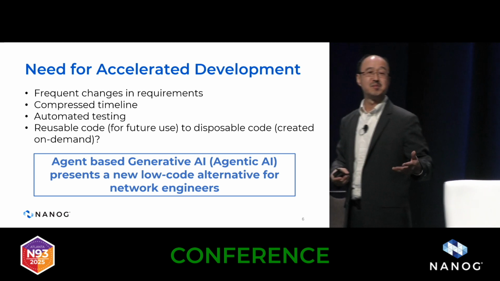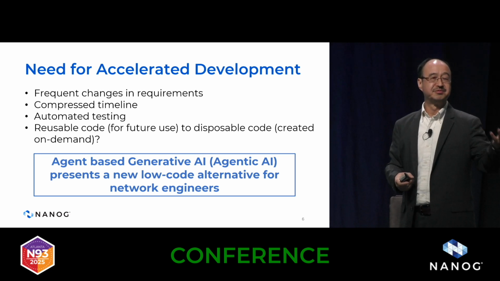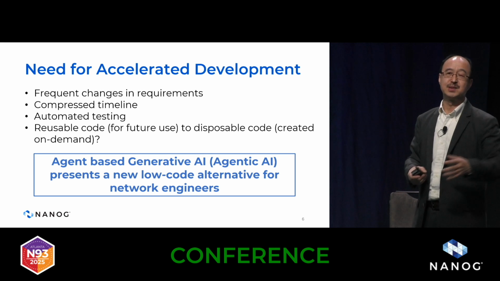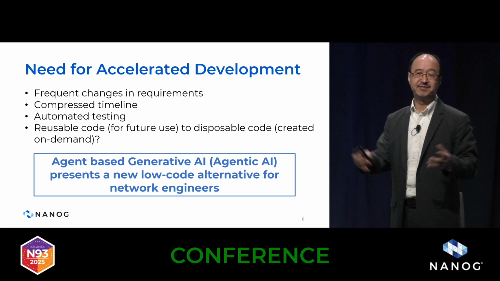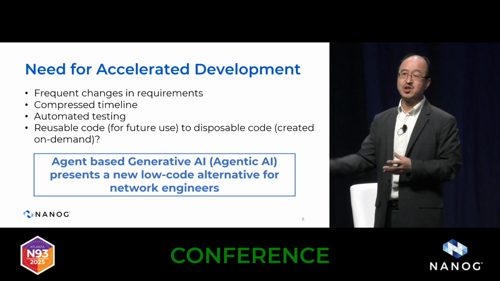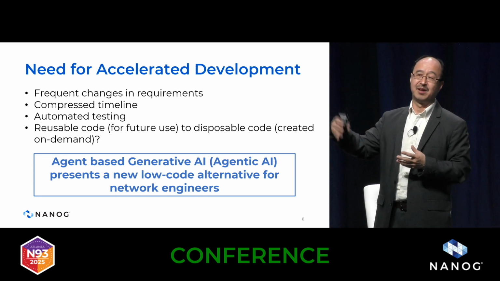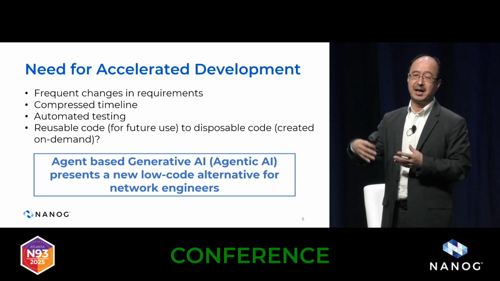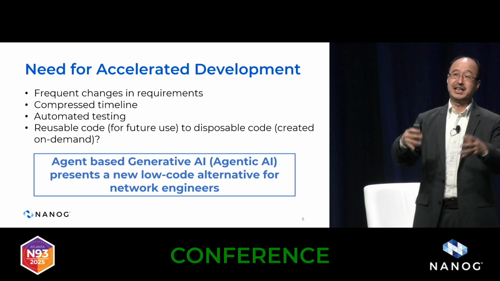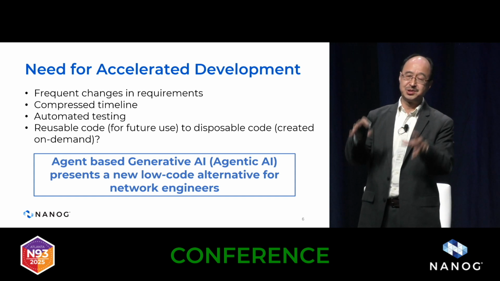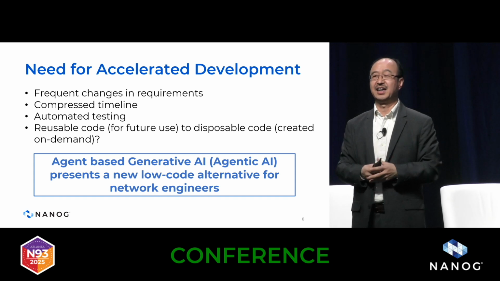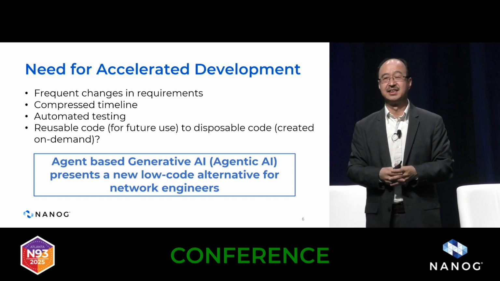So the code is not reusable for the purpose of development, but more disposable, come and go. The value of the code diminishes compared with reusable code, but you get much faster introduction of the code because you're not thinking longer term, you're only thinking about short term, right? And what goes with it is there's less maintenance of the code.